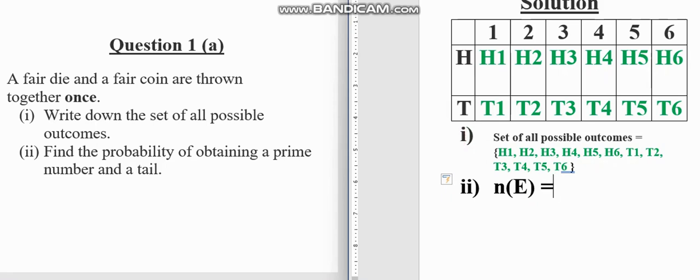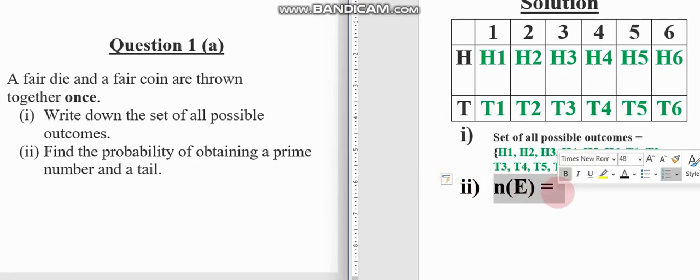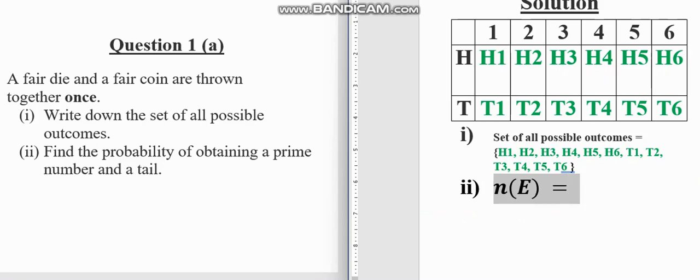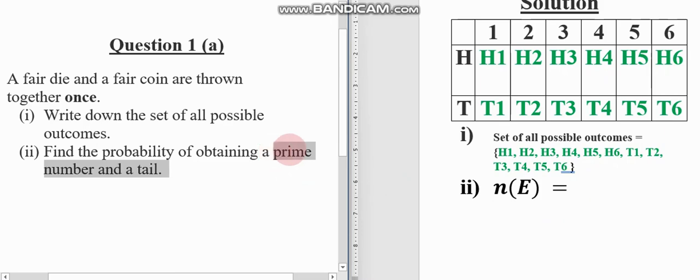The number of events will be equal to, what is the event? That is obtaining a prime number and a tail. So prime numbers, we all know, are numbers that have only two factors, the number itself and 1. In this case, we should find the probability of obtaining a prime number and a tail, where there is a prime number and a tail together.